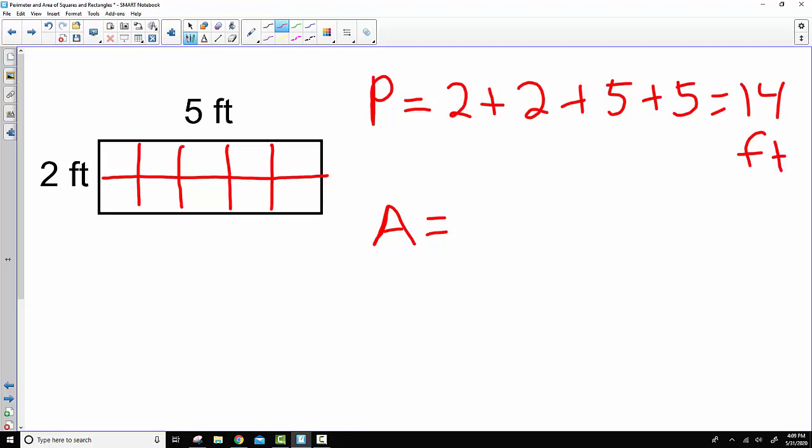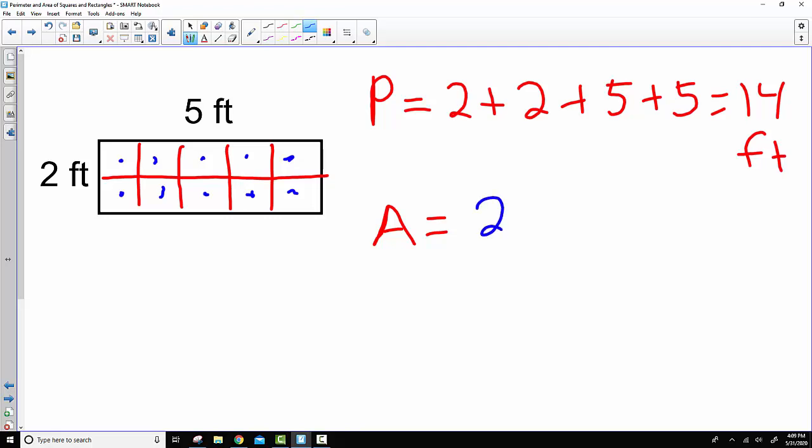And we will pretend that they are perfectly square, even though I know that they are not. So let's count and see how many units we have. 1, 2, 3, 4, 5, 6, 7, 8, 9, 10. There are 10 square feet in this area.